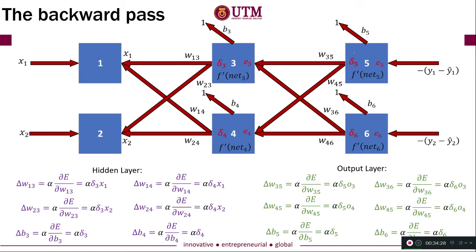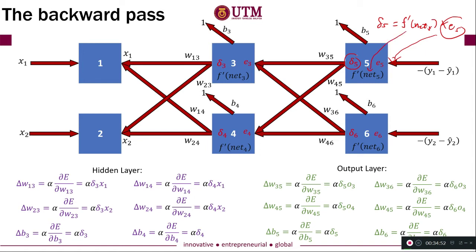So you can see that there's one pattern there. Delta 5 is equal to F apostrophe of net 5 times E5. This component is there, E5, this component is there.